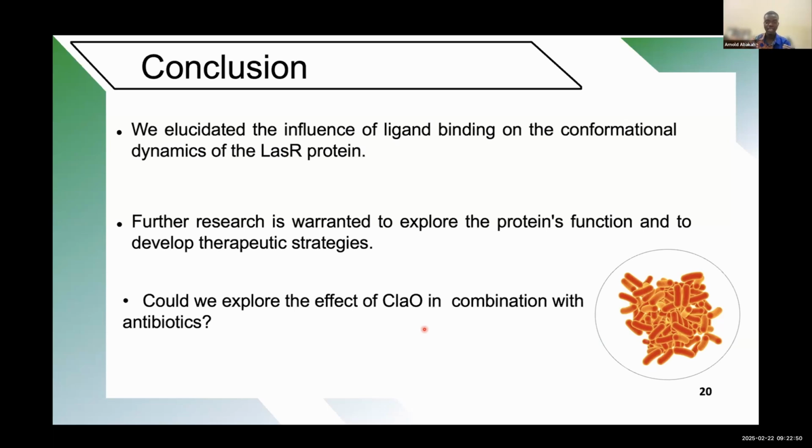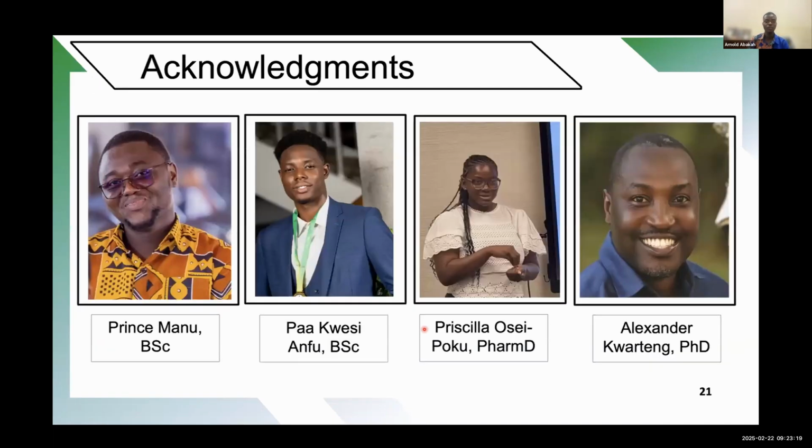So we use the CLA-O in this case to disrupt the quorum sensing ability of Pseudomonas aeruginosa. And then the antibiotics come in later on to kill the bacteria outright. So this is the future of the use of natural products against antibiotic resistance. And it is very important for us to notice that.